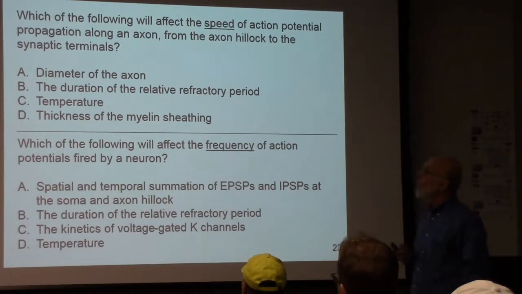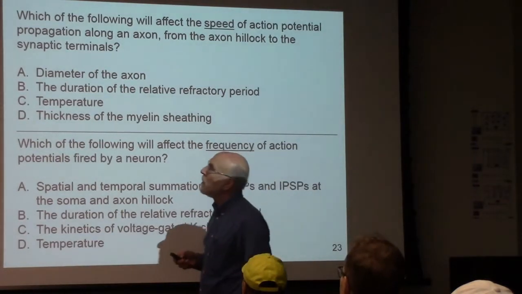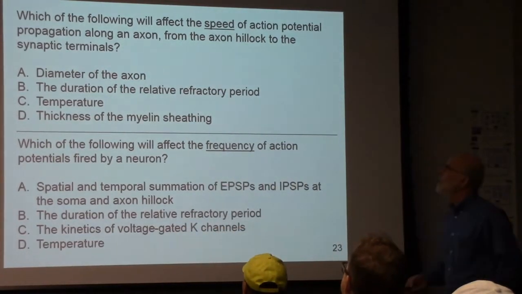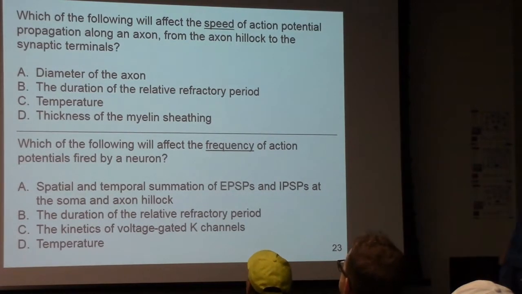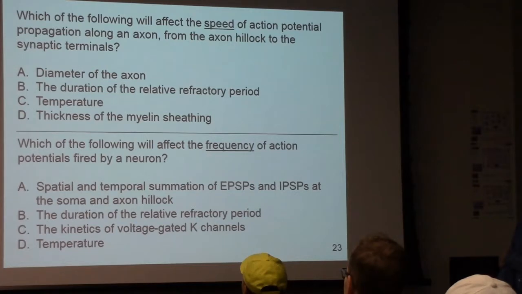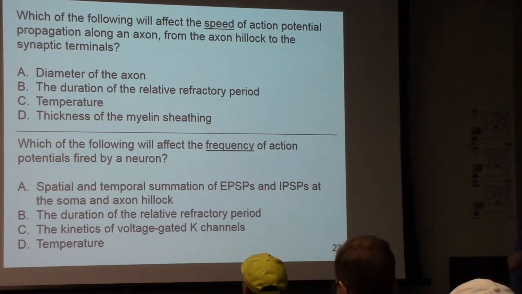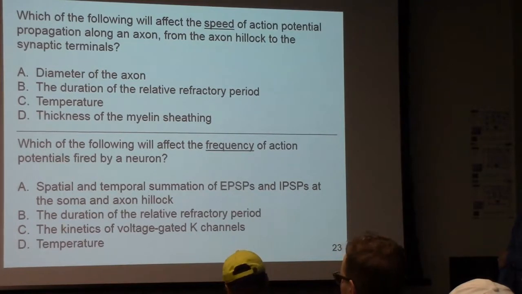Okay, we're talking more action potentialology. Which of the following will affect the speed of action potential propagation along an axon from the spike initiation zone, or axon hillock, to the synaptic terminus? Which of these affects the speed of action potential propagation?